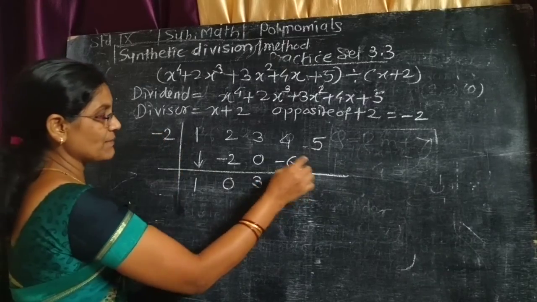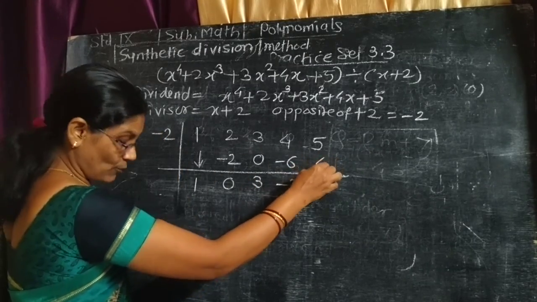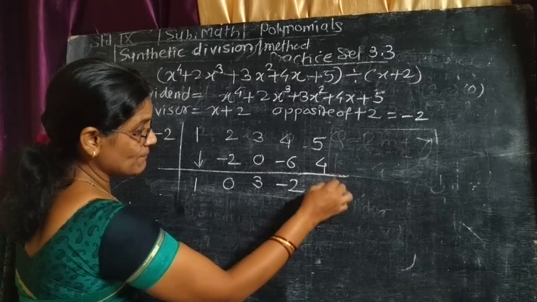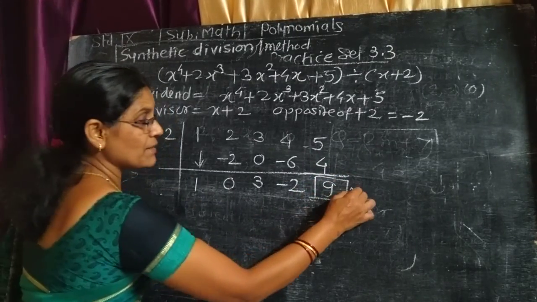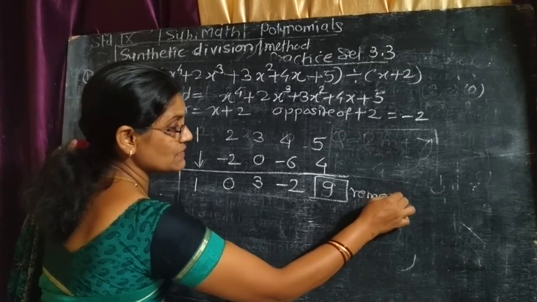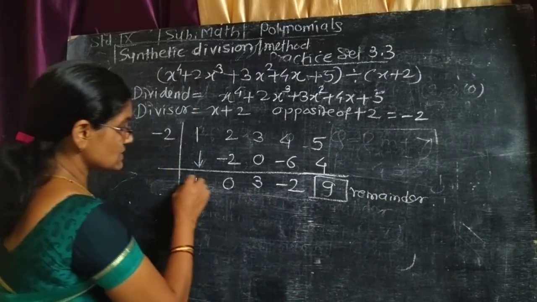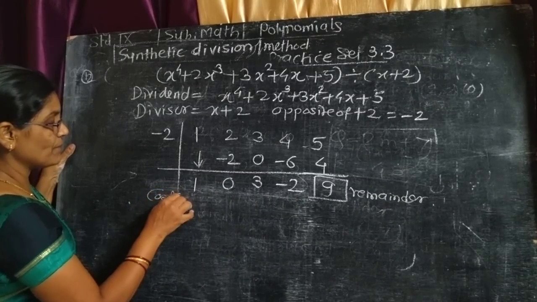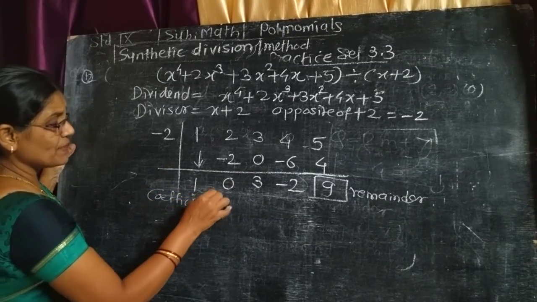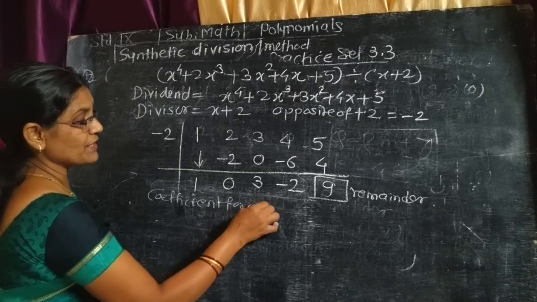Minus 2 into minus 2 means 4, and that's why 5 plus 4 is 9. And this last number is the remainder. And all these other terms are the coefficient form of the quotient.